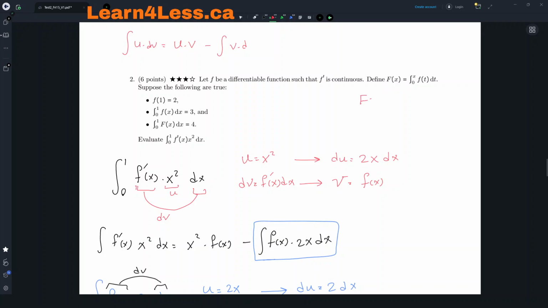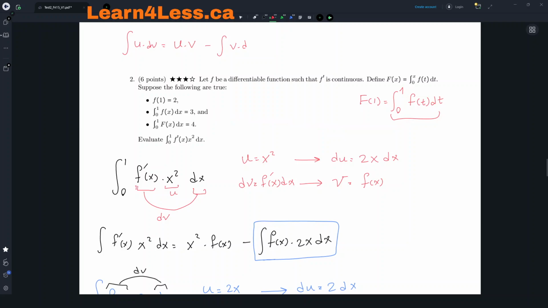So capital F of 1 is basically this integral from 0 to x, which is 1 in this case, of f of t dt. And it is given to us here: the integral of f from 0 to 1. Perfect. So it's basically 3.